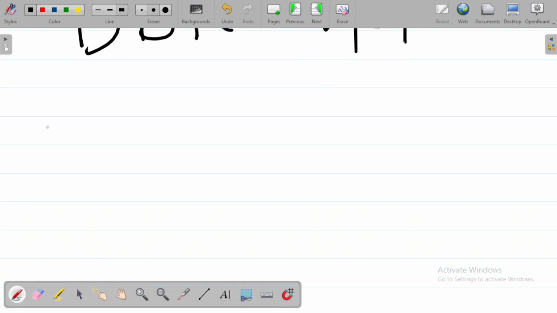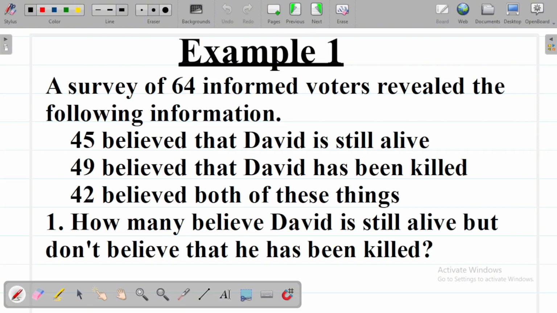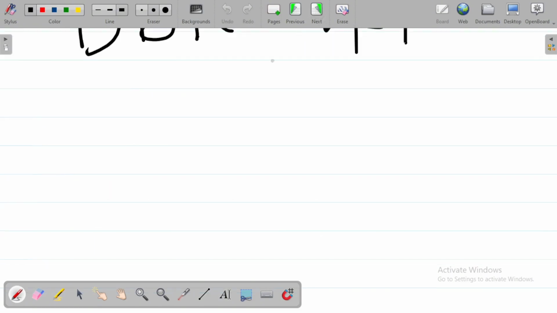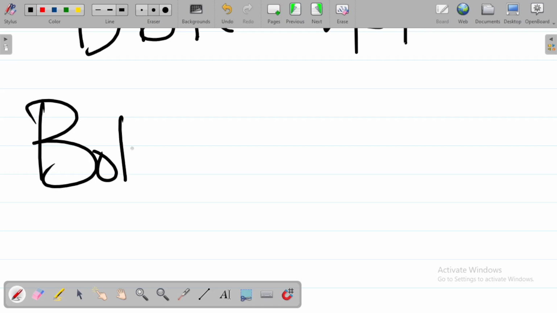And then the next one, it says 42 believed both of these things. Let's check the question. It says 42 believed both of these things. That's to say 42 persons believe that David is still alive and also believe that David has been killed.